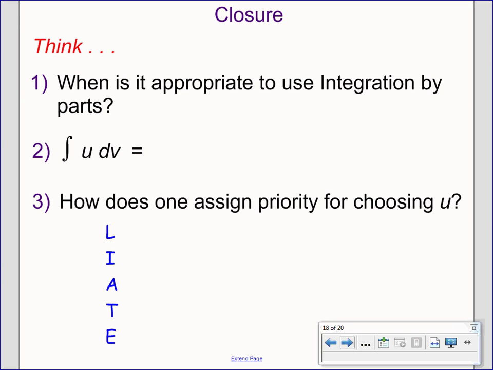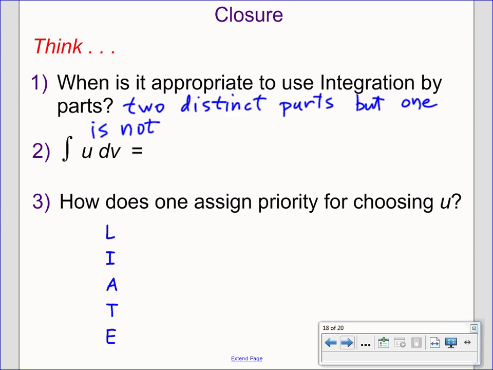So when is it appropriate to use our integration by parts strategy? Sophia? When there are two parts, they aren't pairs. Good. So two distinct parts, but one is not the derivative of the other, right?